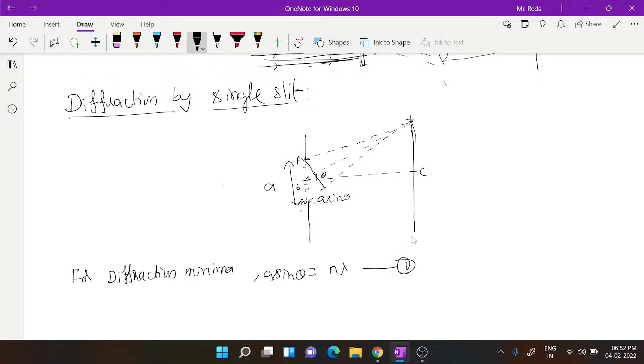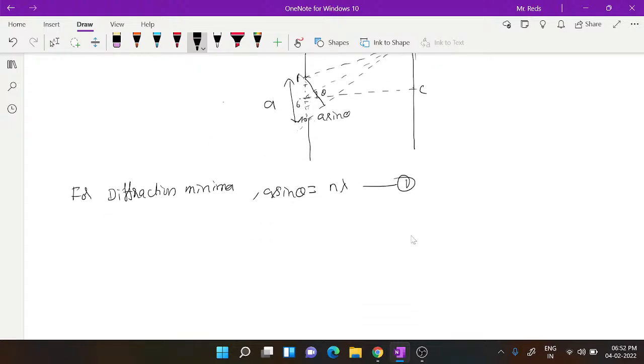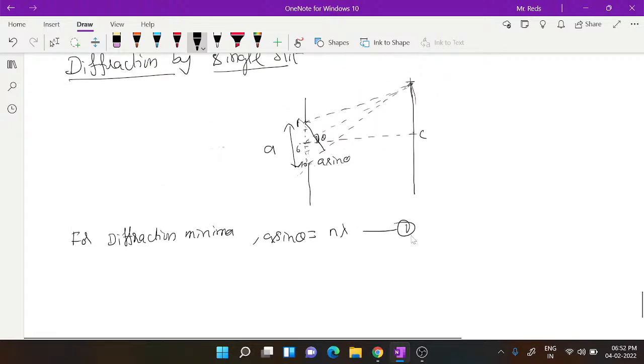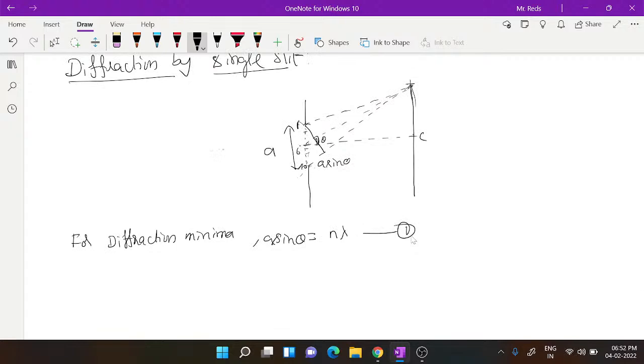From this equation, you can also understand the angular position, this is theta, at which the first diffraction minima will form and the second diffraction minima will form. You can find out what angles they will form at. That angular position can also be called simply the angle, with respect to horizontal, at which the first minima and second minima will form. So the first dark fringe may form here, the second dark fringe here, like that.